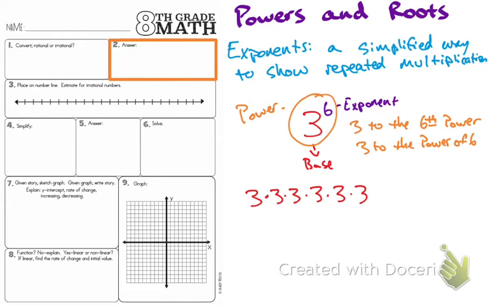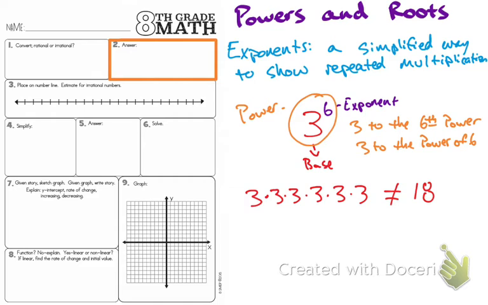And a quick reminder not to make a common mistake. A common mistake when students start working with exponents for the first time is they might write something that looks like this. But you have to be really careful, because 3 times 3 times 3 times 3 times 3 is not 18.